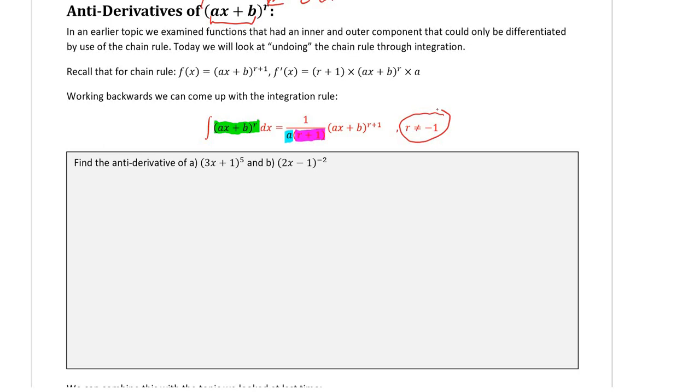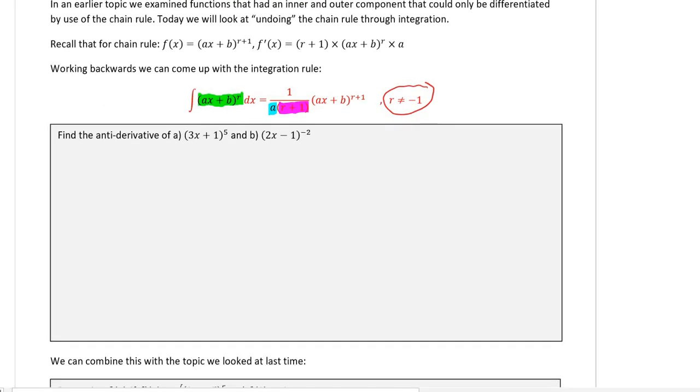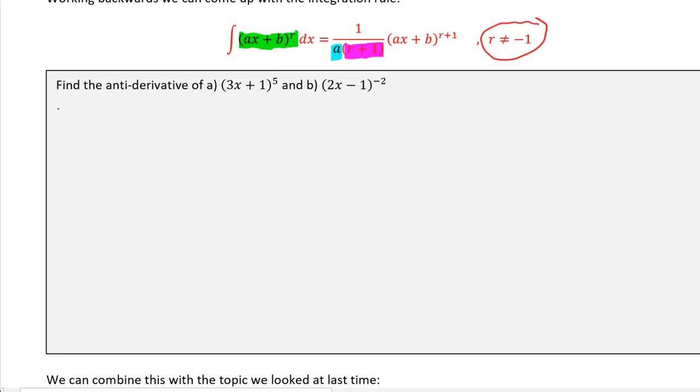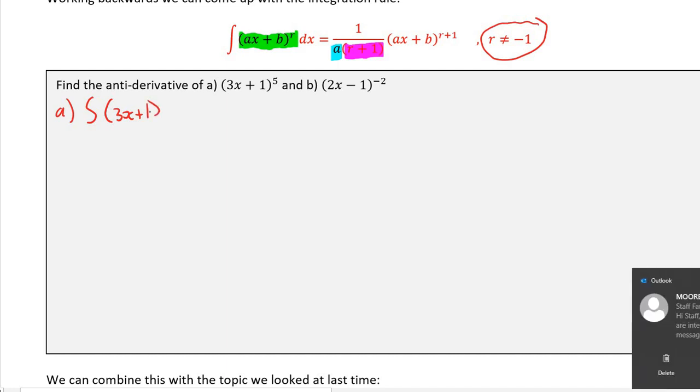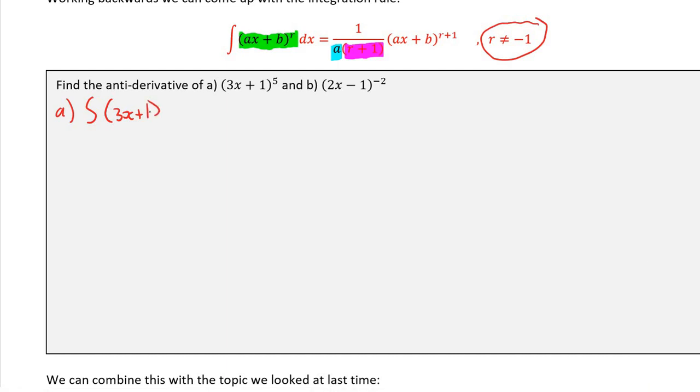Okay, so let's find these antiderivatives, guys. We have a. We want to find the antiderivative of 3x plus 1 to the power of 5. Okay, so let's have a look here.